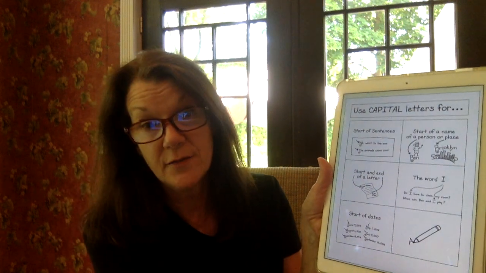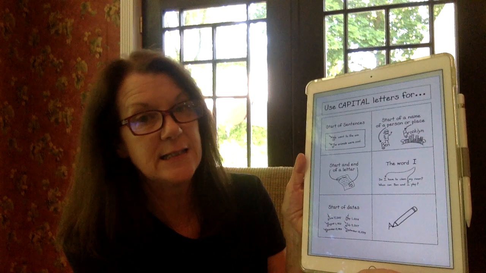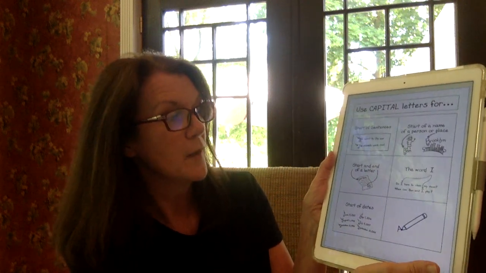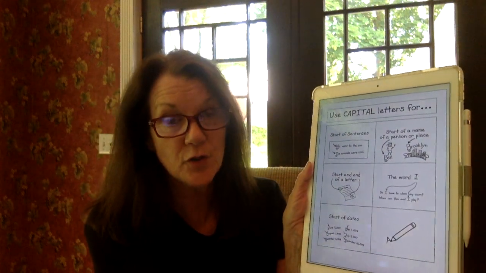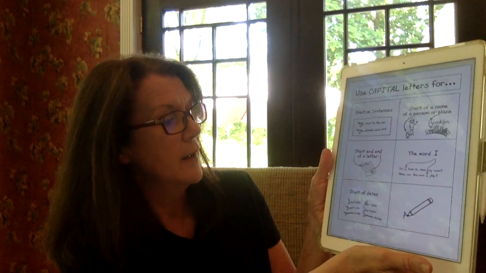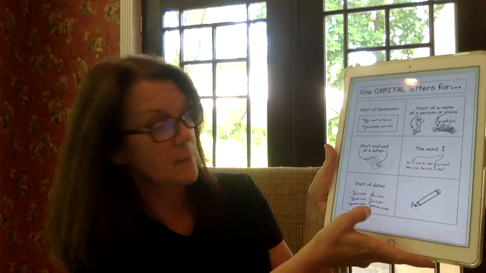The start and end of a letter. You'll notice it on the letter from the principal where it says, "Dear teachers," and then "Thanks." The word I. Whenever you refer to yourself, you always use uppercase. If you're writing your name, it's uppercase, or if you're saying, "I really like you," you're going to write I uppercase. And then the start of dates. They have several examples.